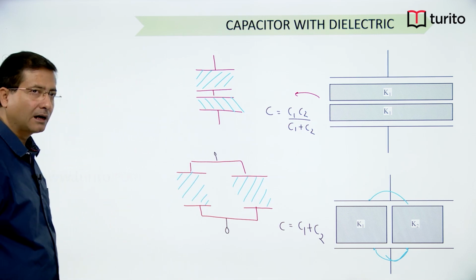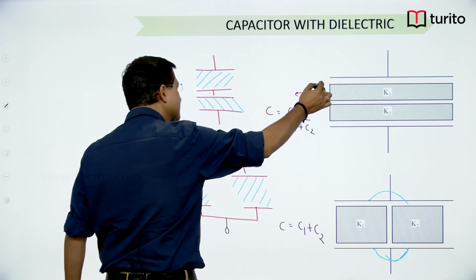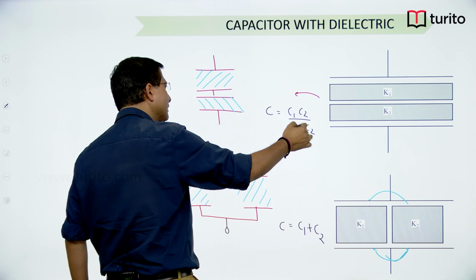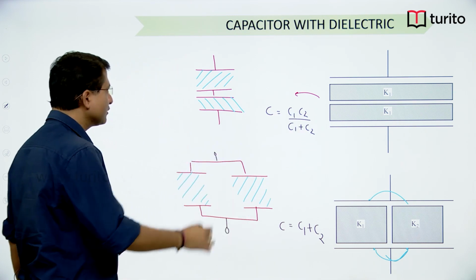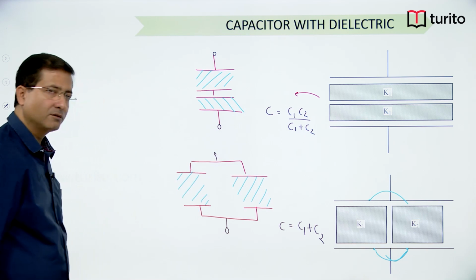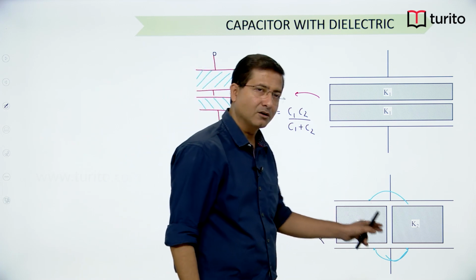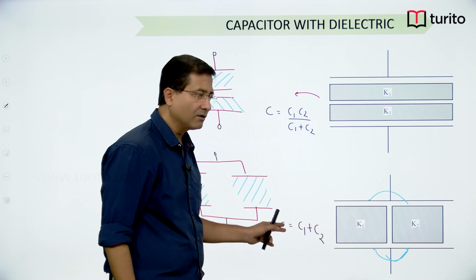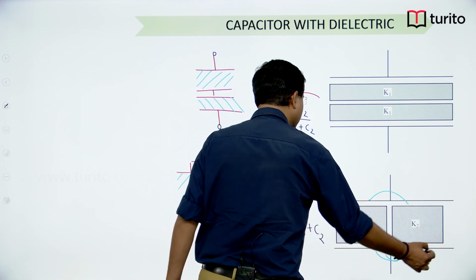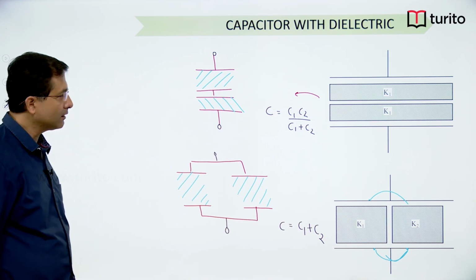So I will calculate the capacitance of this part, that is C1, I will write here, similarly C2 of this part I will write here. The series combination formula I can use for this arrangement, C1 C2 upon C1 plus C2. While in the second case, these two are in parallel combination, C1 plus C2. So I will calculate this capacitance and this capacitance and add them, and I will get C equivalent for the arrangement.